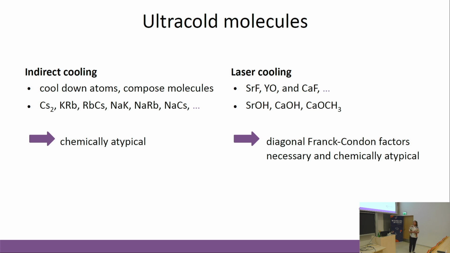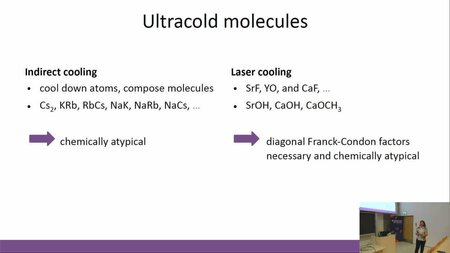One of the very useful approaches is, of course, all kinds of indirect cooling. However, I think we all can also agree that the species that we obtain that way are maybe not the most typical chemically. So if we would like to have something more chemically typical, maybe something that is much more useful for astrochemistry or ultracold chemistry, laser cooling would be a natural shot.